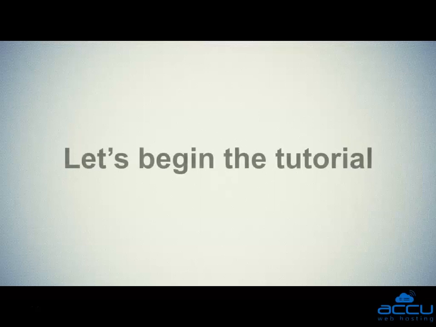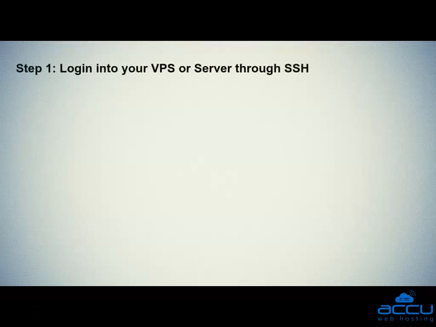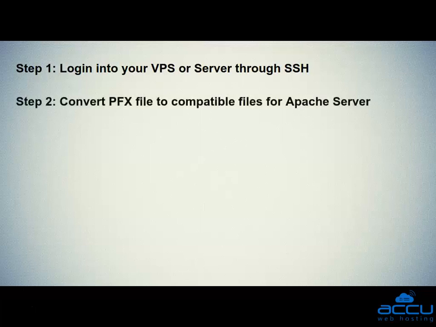Let's begin the tutorial. To import SSL certificate in Apache Server, you need to perform the following steps. Step 1. Login into your VPS or server through SSH. Step 2. Convert PFX file to compatible files for Apache Server.